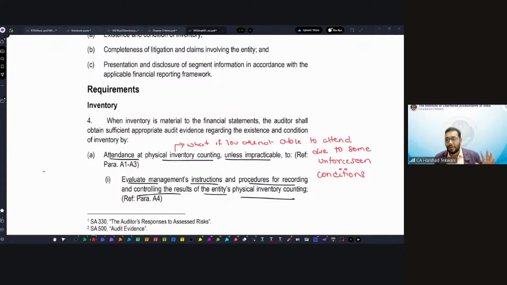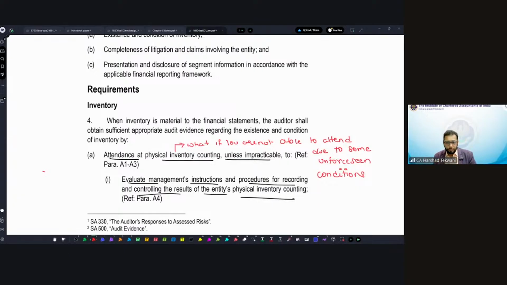For example, you are not well. Simple. You want to go, but you are not well. You cannot travel. What will you do? Sir, we have to use the other auditors to ask them to go and verify the inventory count.